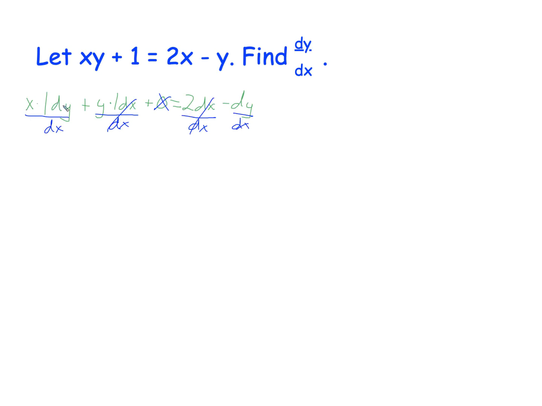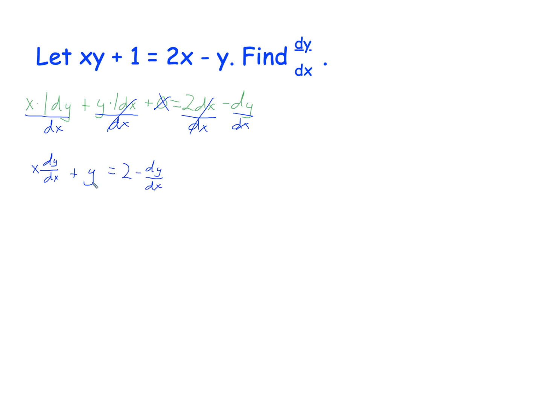So what we're going to do is get anything with dy dx on one side. Let's write this out a little neater. So this is x dy dx plus y equals 2 minus dy dx. So again, we want to get things with dy dx on one side and things that don't have dy dx on the other side. And so let's do that.